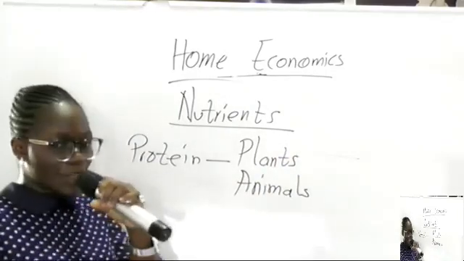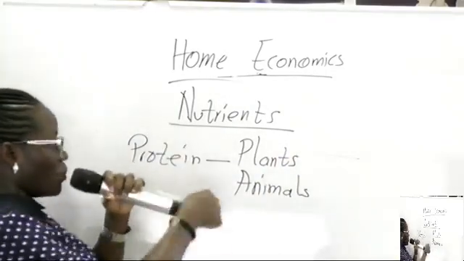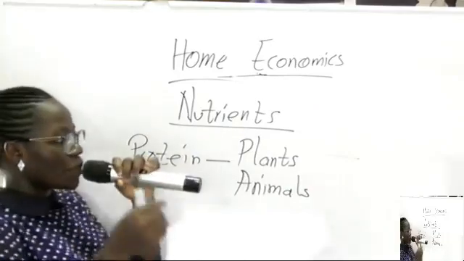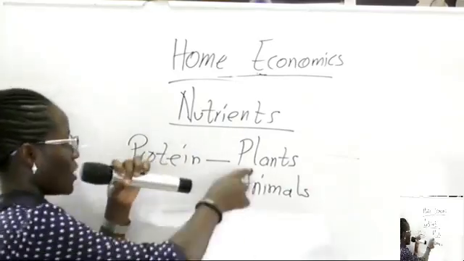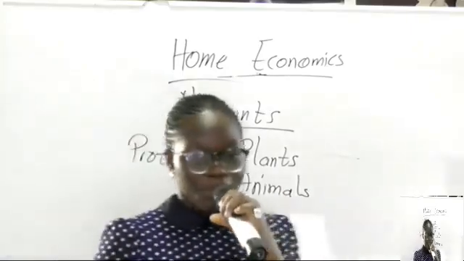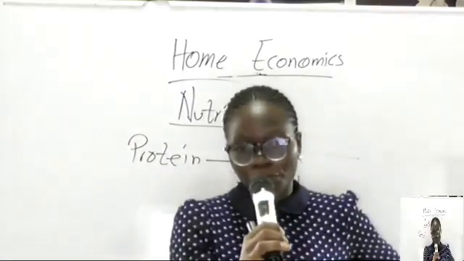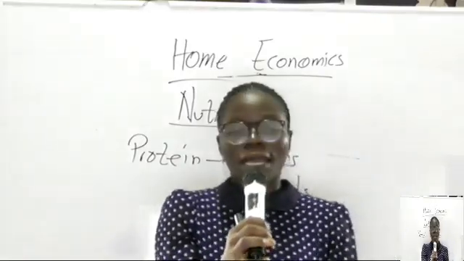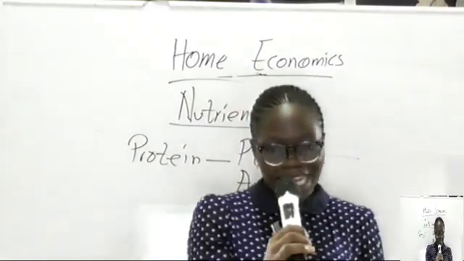So as you can see on your screen, on the protein, we have two examples of protein. We have the plant protein and animal protein. What are these plant protein and animal protein that we are talking about? Now, protein is being divided into two, as I said.